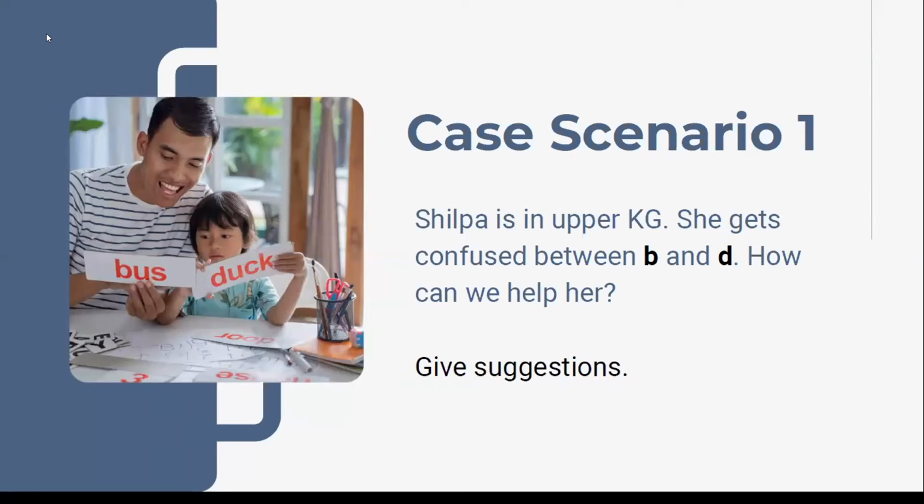So we have received a few suggestions from our participants in the chat box. Most of them say using modeling clay, sand or salt writing, air writing, play words through phonics, VAKT strategies, shape writing, sand tracing, tactile methods, shape-based letter recognition, showing picture differences, kinesthetic ways, flashcards, sound writing, B and D stories, hand gestures.